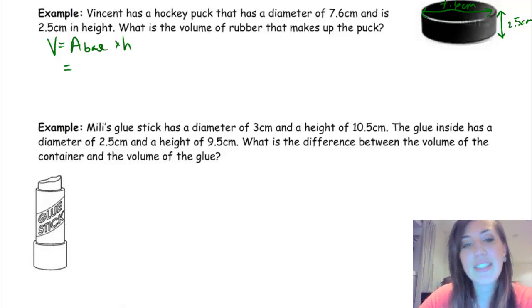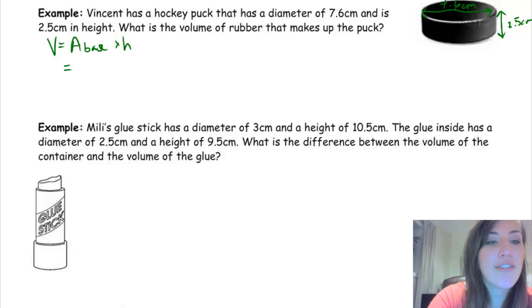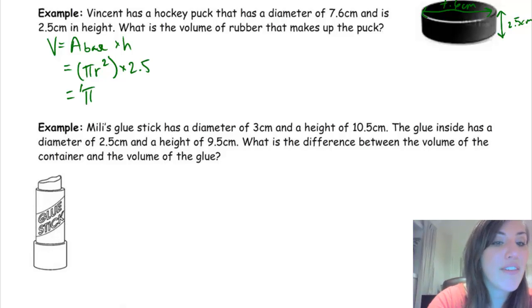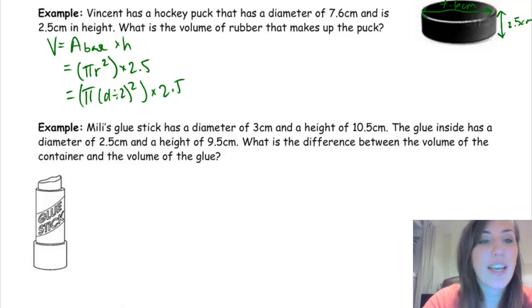So in this case, we know that the area of a circle is pi r squared times height, which is 2.5. Do we know r? No, we don't. So we have pi, and this is d divided by 2 squared times 2.5. And we can plug this in over here.